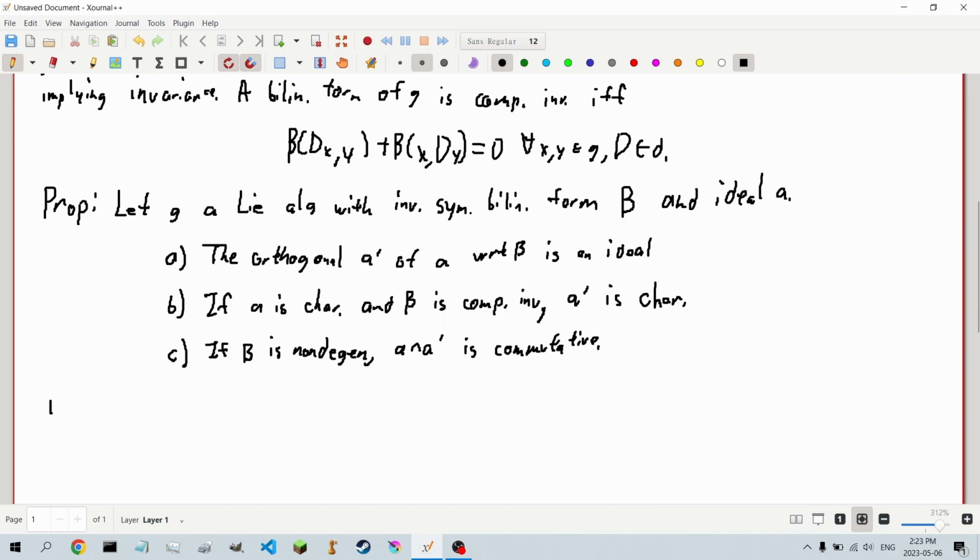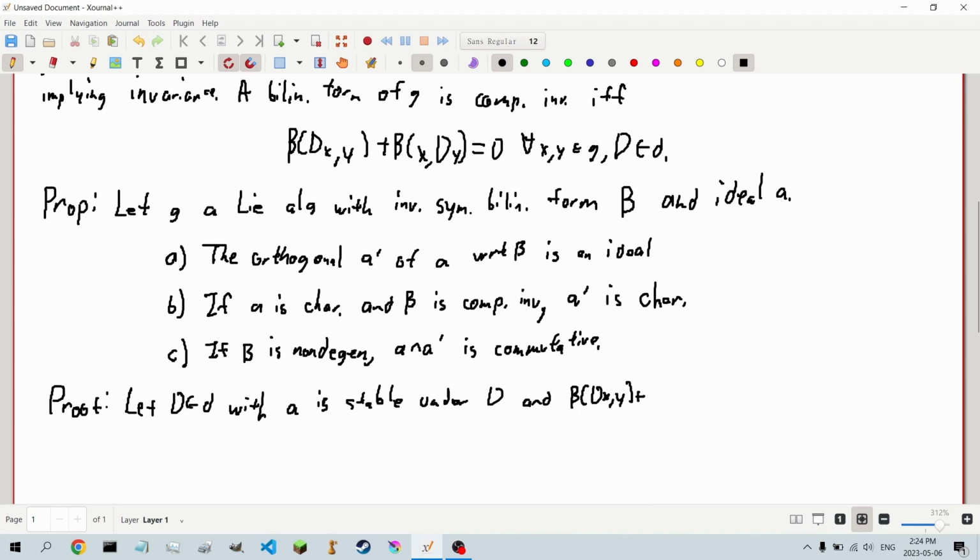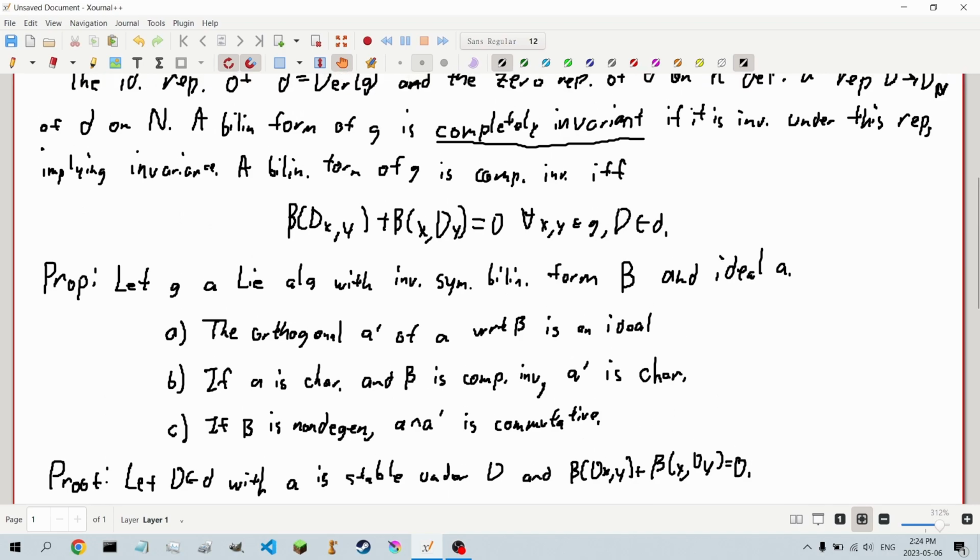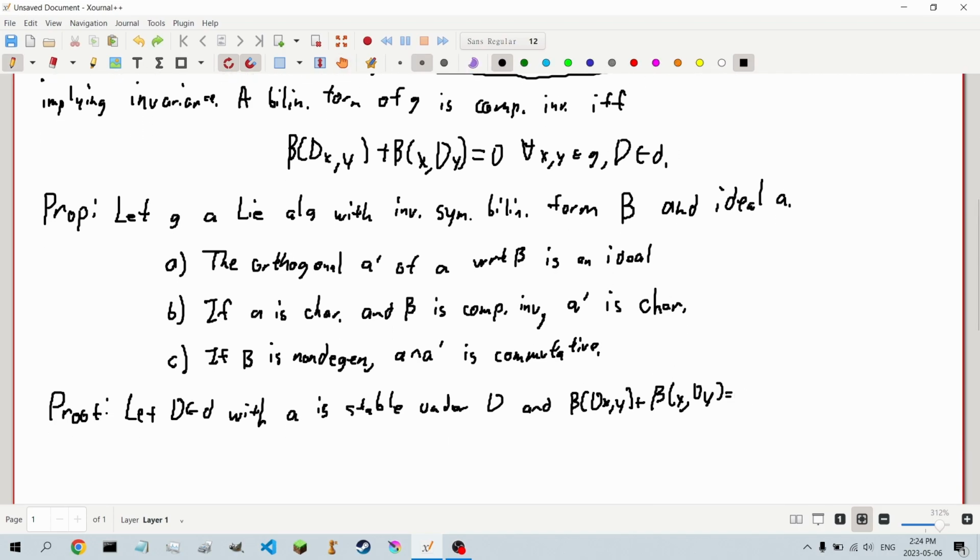Alright, let's look at the proof of this here. We're going to let D be a derivation of G, with the constraints that A is stable under D, and beta of Dx, y plus beta of x, Dy equals 0 for all x and y, so essentially it's completely invariant for this specific derivation.